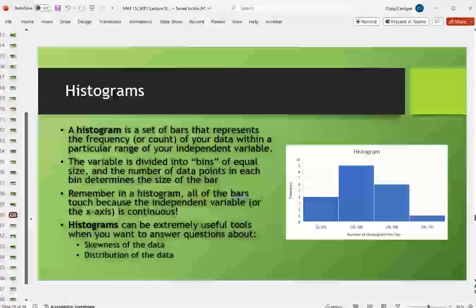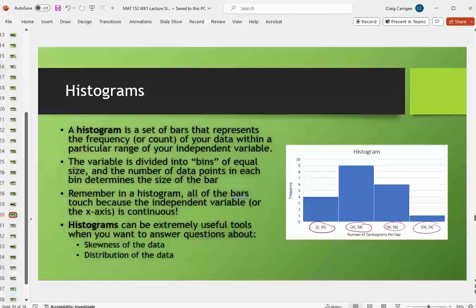A histogram represents the frequency that lands in a particular range, or a particular class or bin. That just tells us how many people are within that range. So if we're talking about the number of cardiograms per day, there are 4 data points between 2 and 20, and 9 between 21 and 38, and so on.